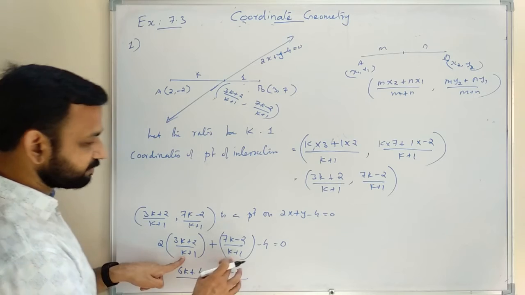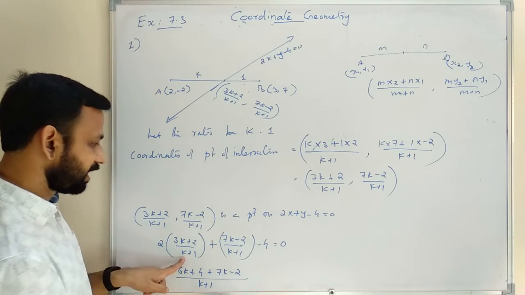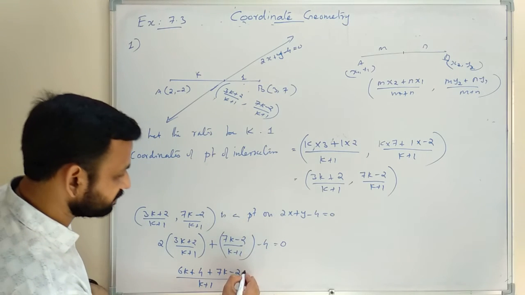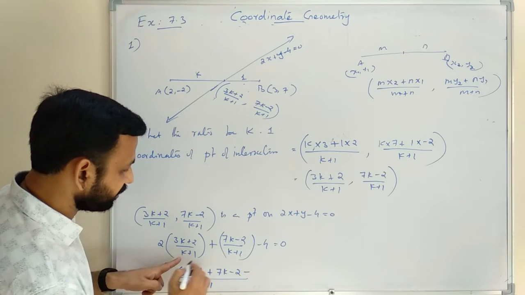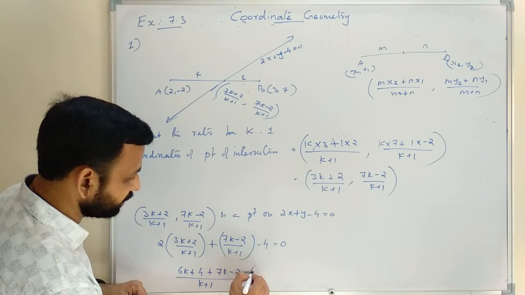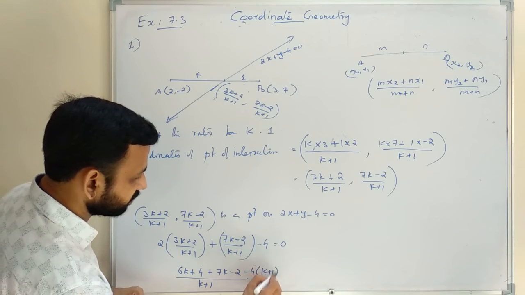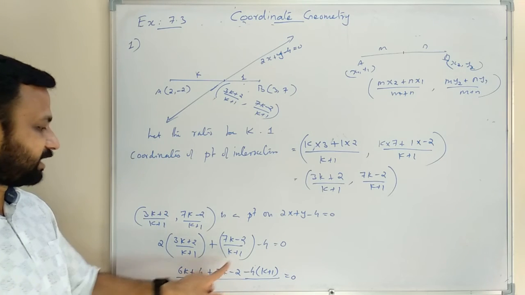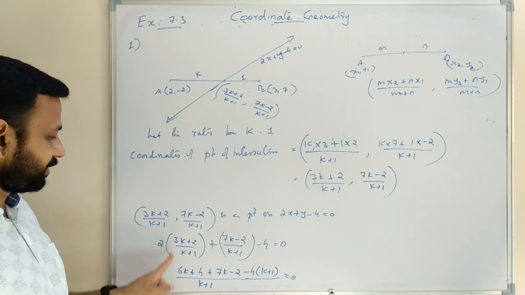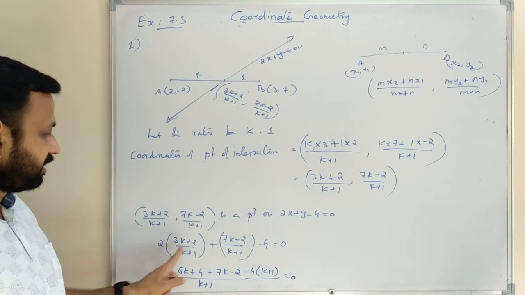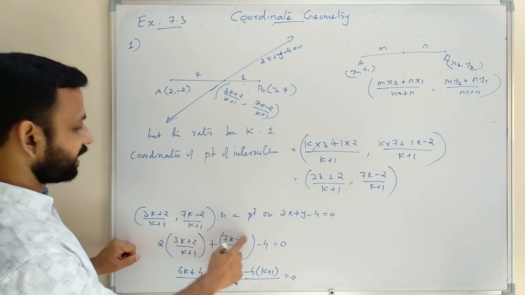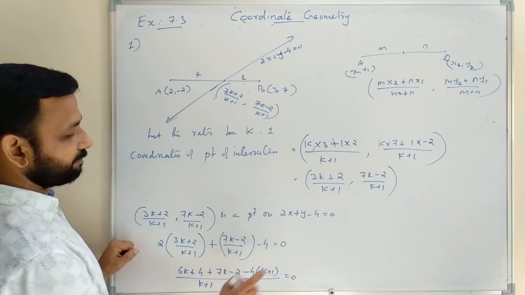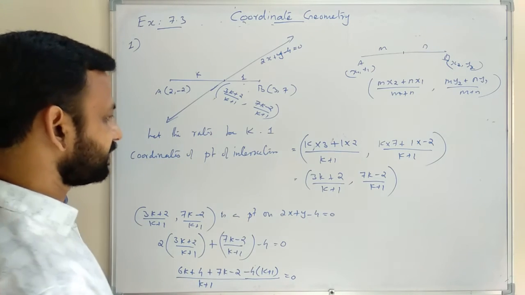Then k plus 1 is the LCM, so we multiply the last term by minus 4 into (k + 1) equal to 0. Once again, with LCM k plus 1: 6k plus 4, plus 7k minus 2, then minus 4 into (k + 1). Then open the bracket.